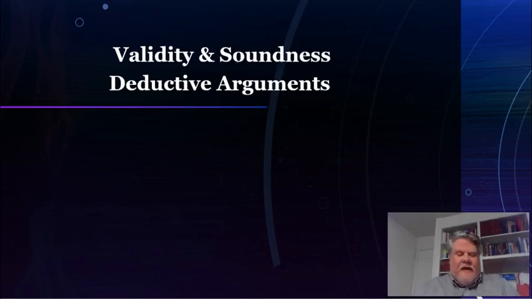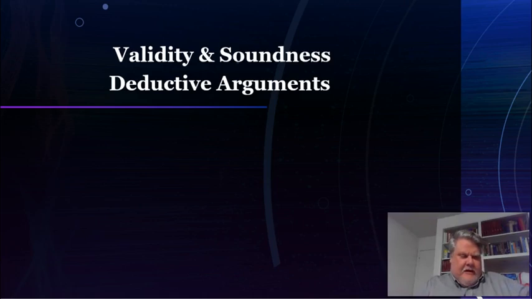So far, we've introduced the three types of arguments: inductive, deductive, and analogical. I've told you that deductive arguments are very special. And so we're going to be spending a lot more time talking about deductive arguments.